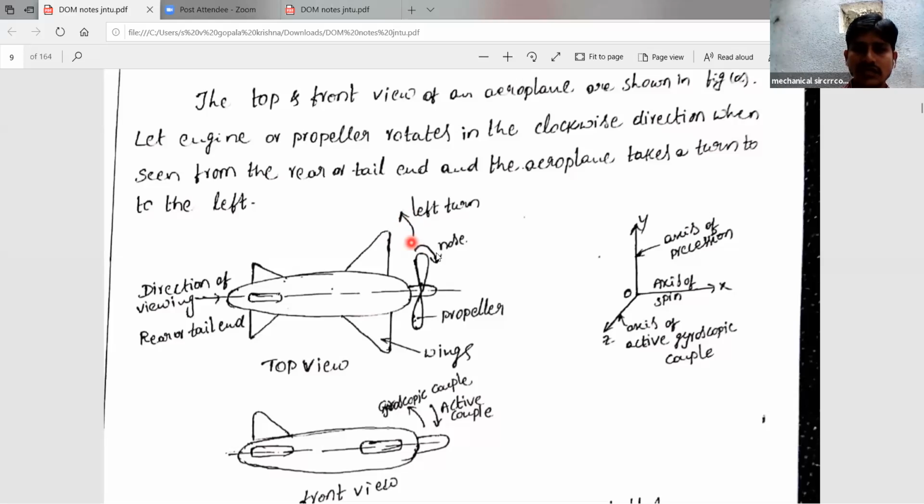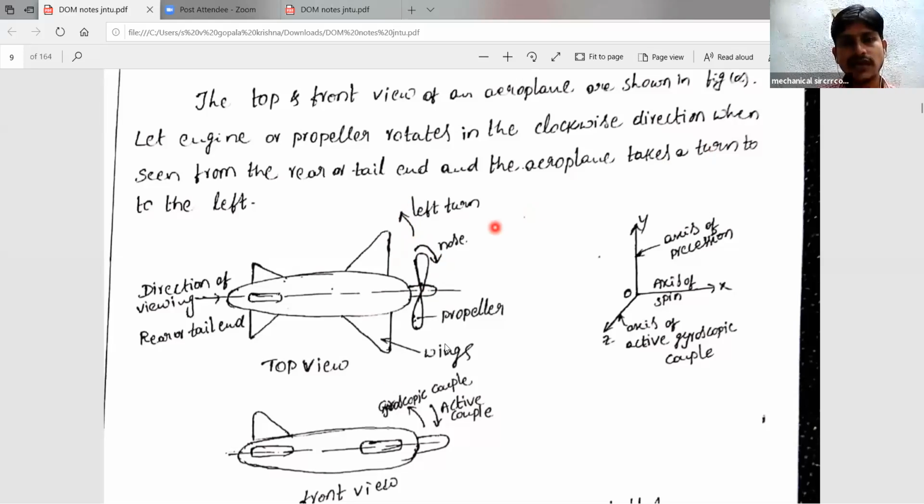One is rotating clockwise and the turning movement is anti-clockwise. When both are opposite, the effect is to raise the nose and dip the tail.